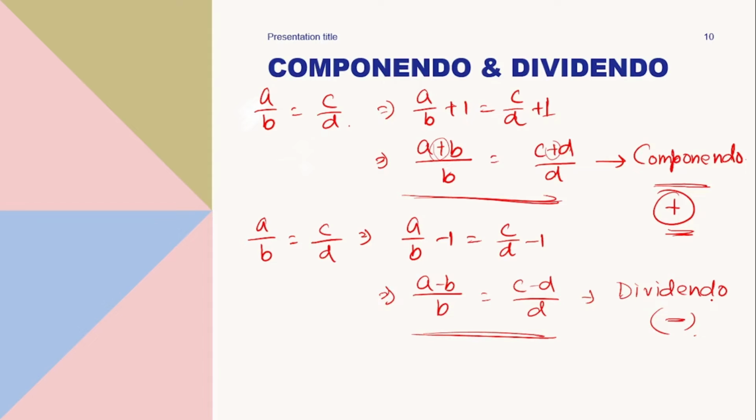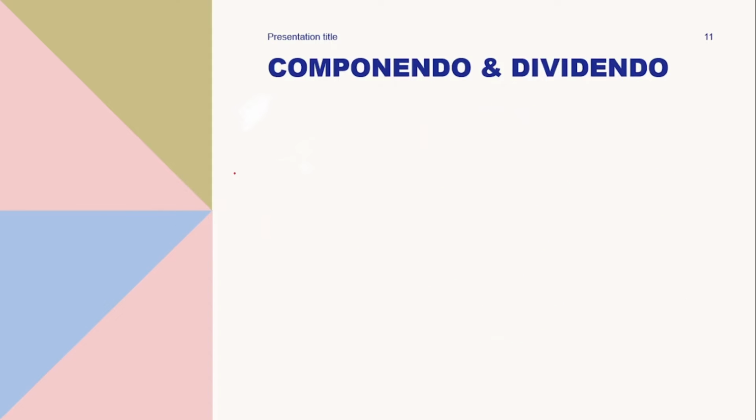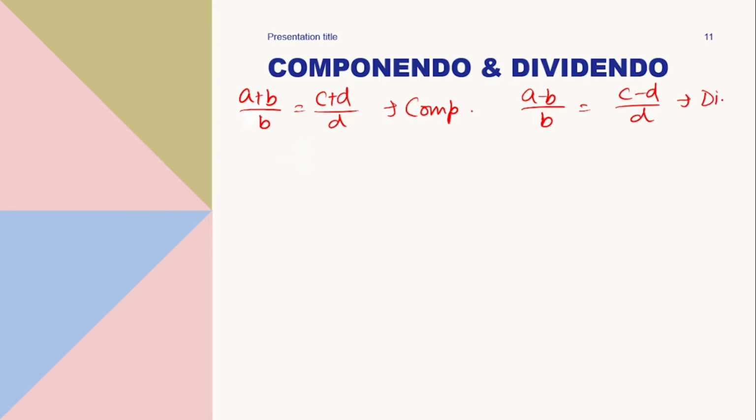Okay, let's go to the other part. You can find that a plus b by b equals c plus d by d is componendo, and a minus b by b equals c minus d by d is dividendo.